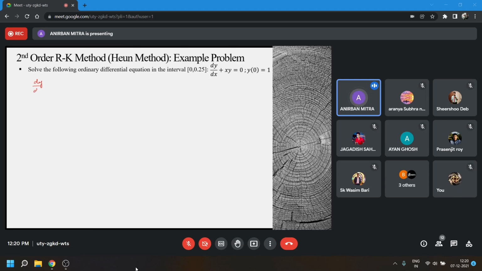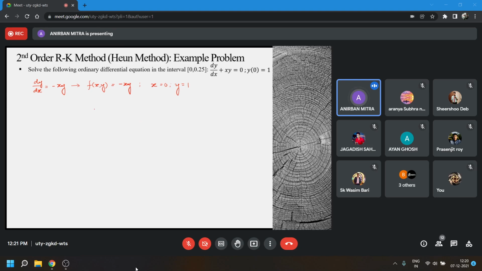dy/dx is given as minus xy as per the problem statement, which implies that f of x comma y is nothing but minus xy. Initial condition is x equal to 0, y equal to 1. That is already given.